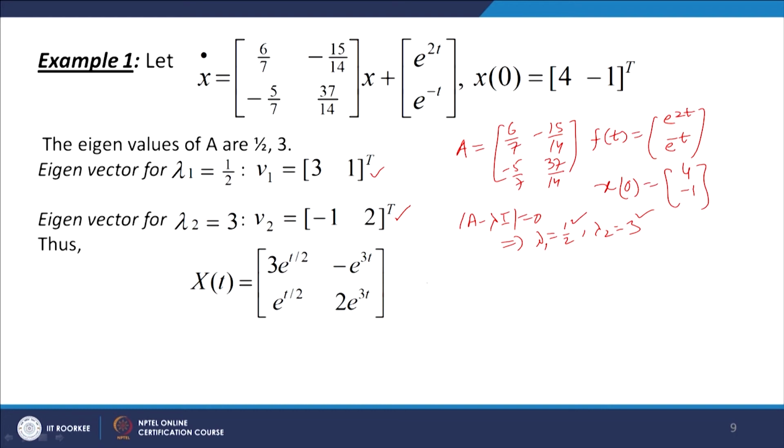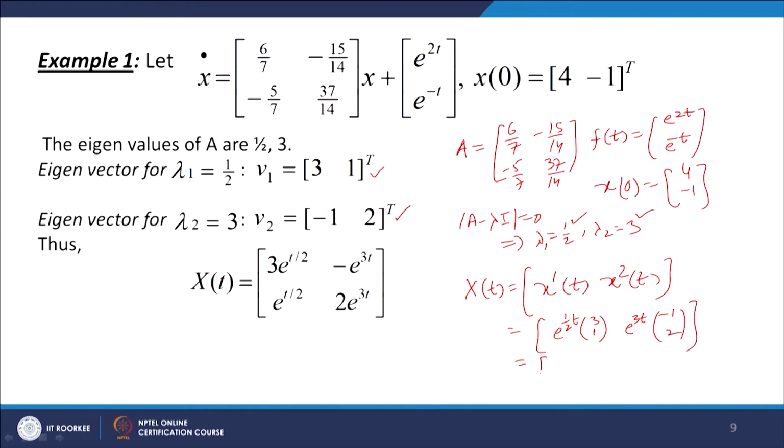Now, X(t) is a fundamental matrix. So, X(t) = [x1(t), x2(t)]. Since these eigenvalues are real and distinct, x1(t) will be e^{λ1 t} b1, that is e^{t/2} times (3, 1), and x2(t) will be e^{3t} b2, that is e^{3t} times (-1, 2).